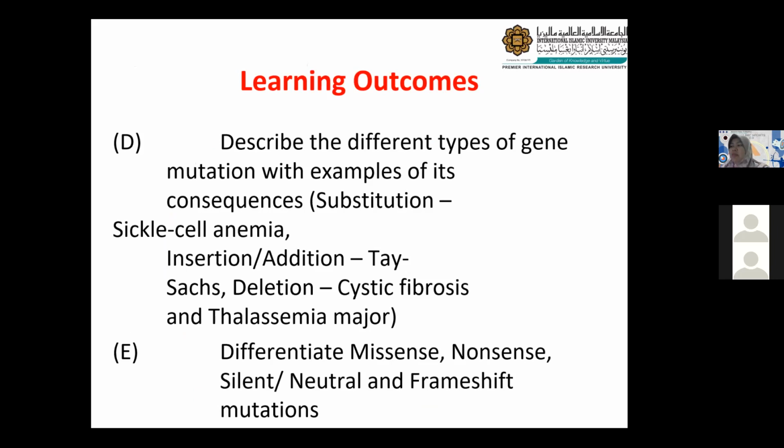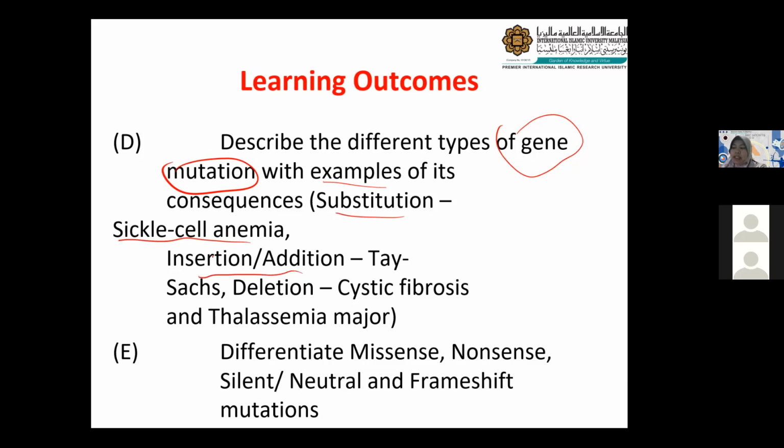Okay. Now let's go to the further discussion about the mutation. Describe different types of gene mutation. First we are going to discuss gene mutation with examples and consequences. They are substitution, example is sickle cell anemia.